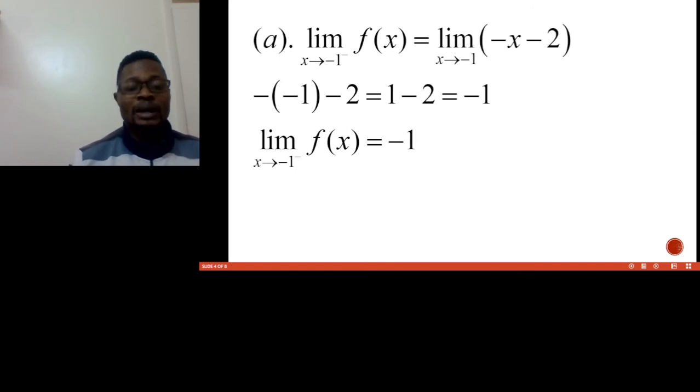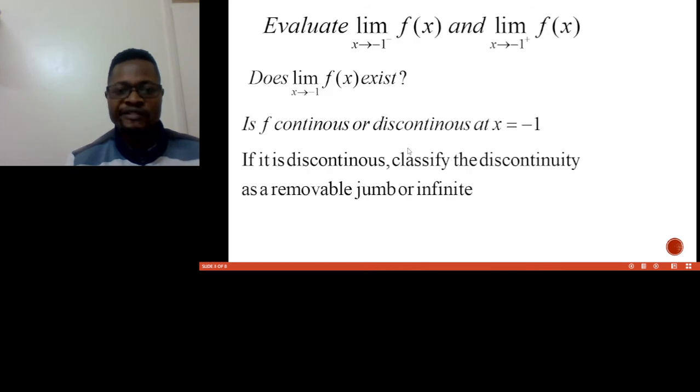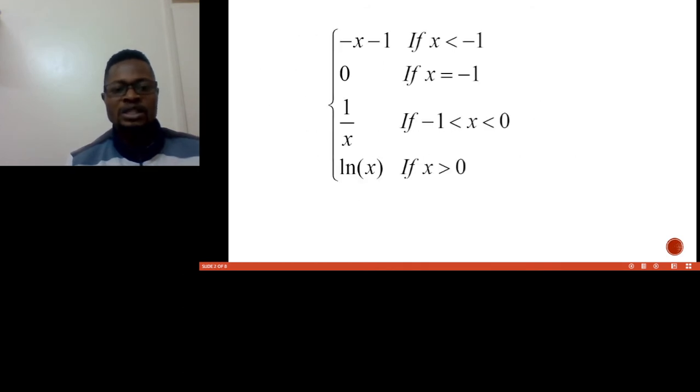Number one, we are finding the limit of f of x as the variable x approaches negative 1 from the negative side. Since it is from the negative side, if we go back to the function we were given, we see that for the negative side it is if x is less than negative 1.